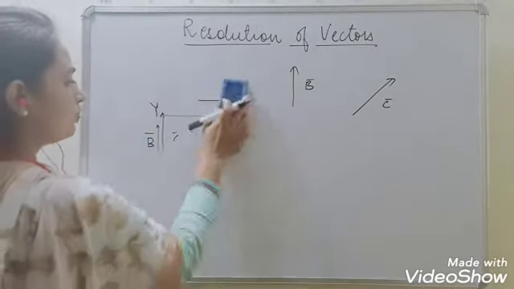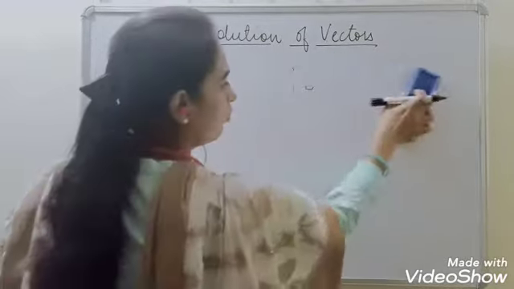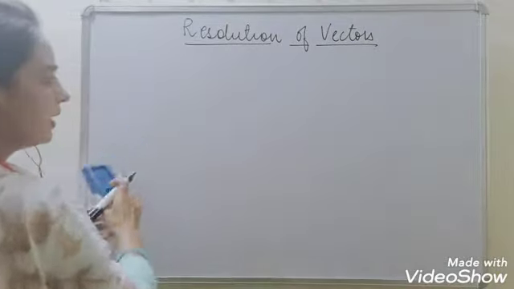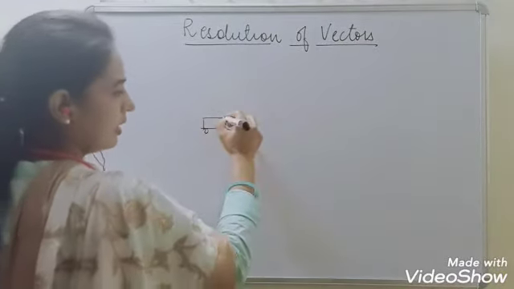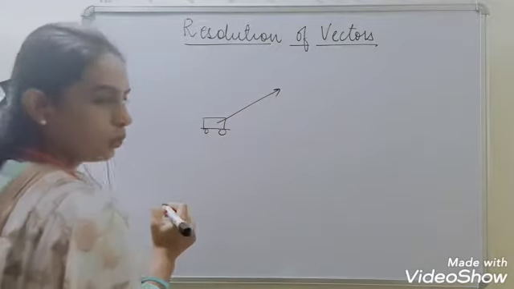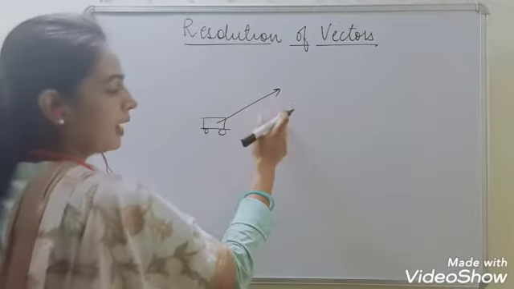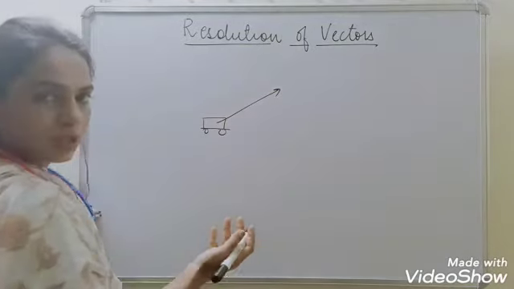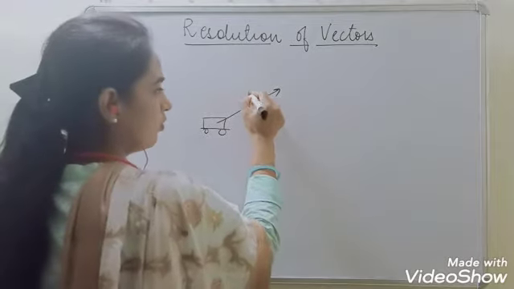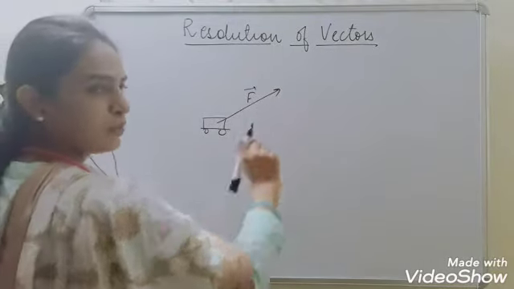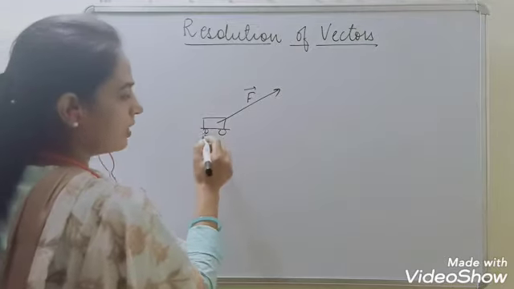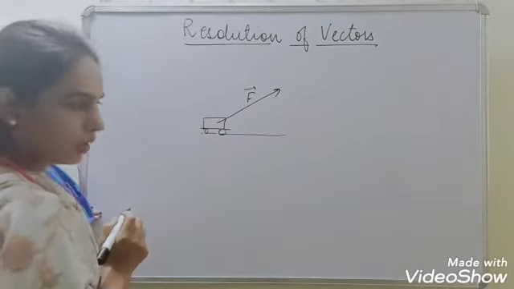Okay, so let me give you an example of force. Let us say here is a toy car and it is pulled with the help of this thread by a child. So force is applied in this direction, and the toy is moving forward.